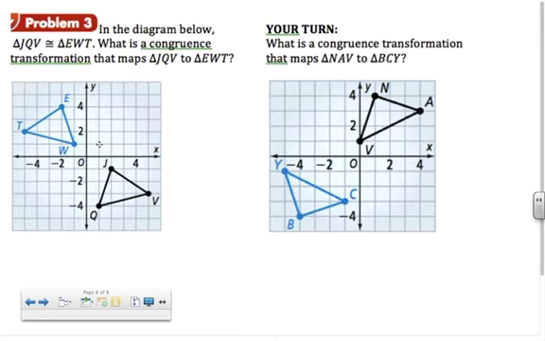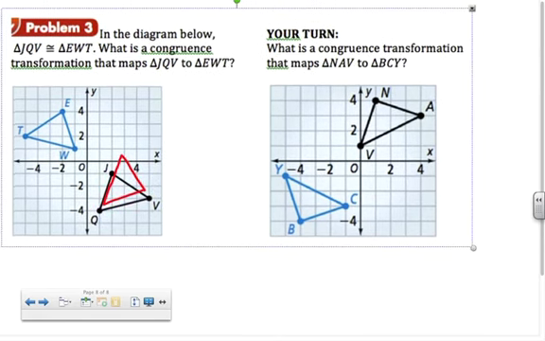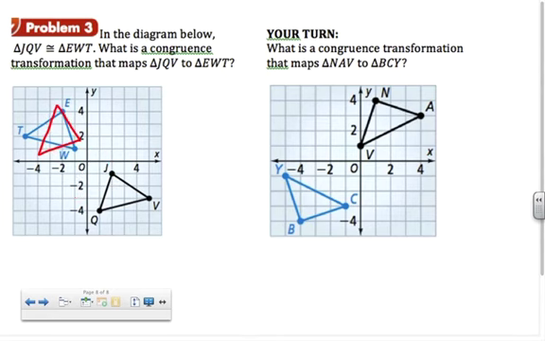If I take triangle JQV and I rotate it, can I get it to land on this triangle?